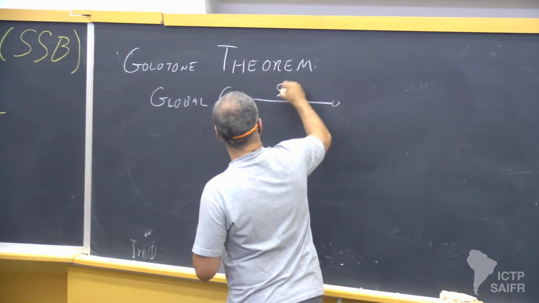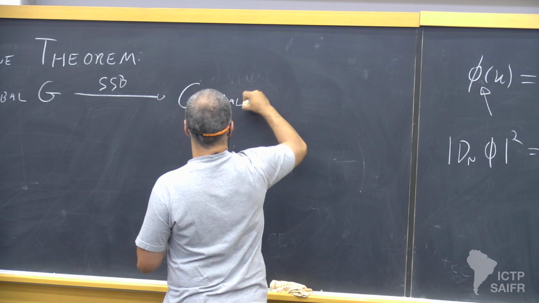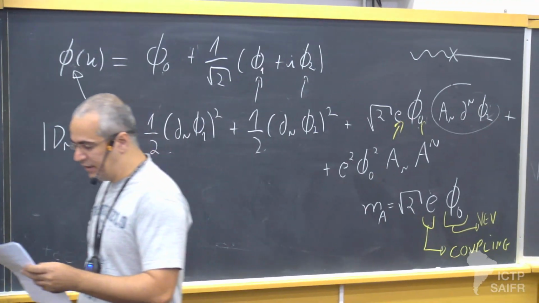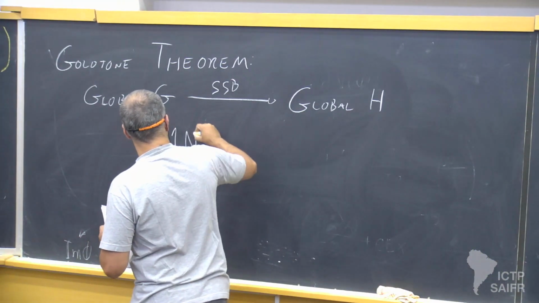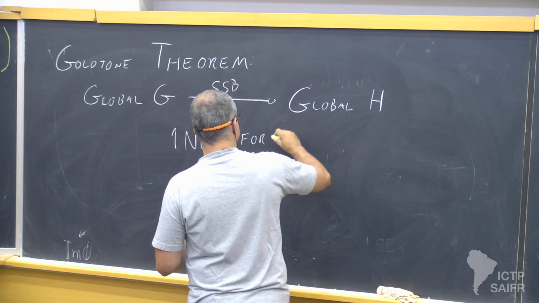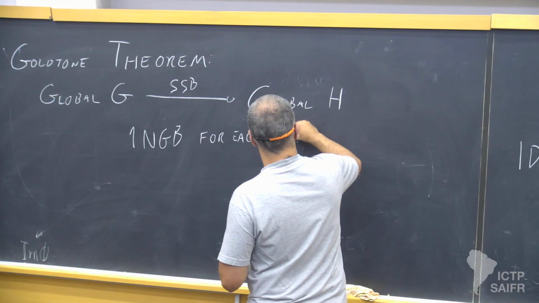You use spontaneous symmetry breaking to go to a smaller global group H, right? You get one massless Nambu-Goldstone boson for each generator broken.